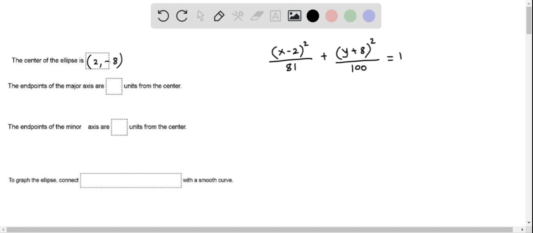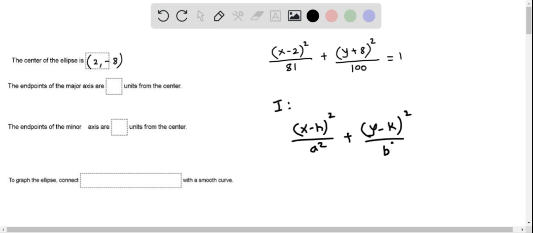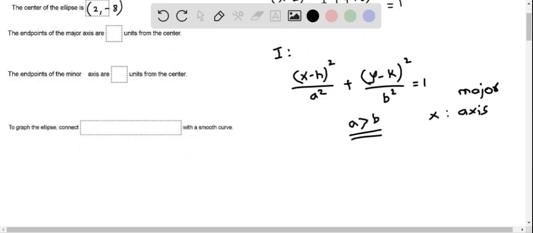So here we have two types of ellipses. The first type, I'm going to write the standard form, that is (x − h)² / a² + (y − k)² / b² = 1. Here a is greater than b, and this means the major axis is along the x-axis. And in type 2, we have the other type of ellipse.